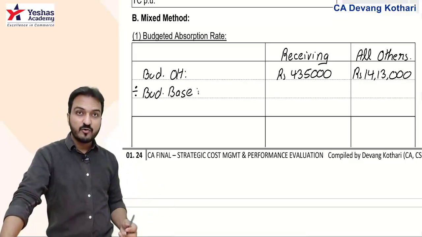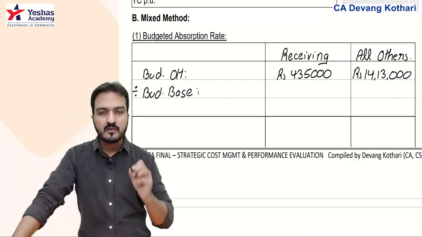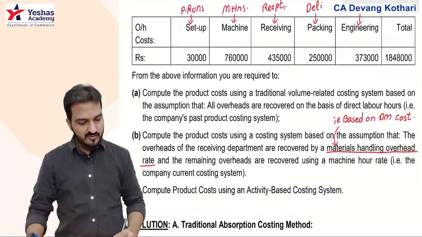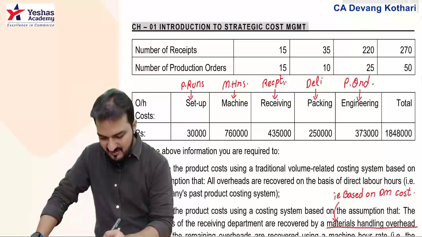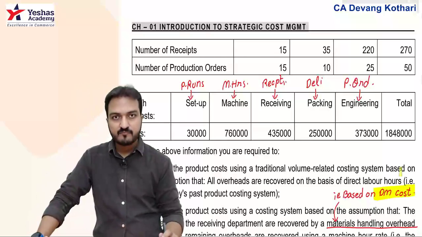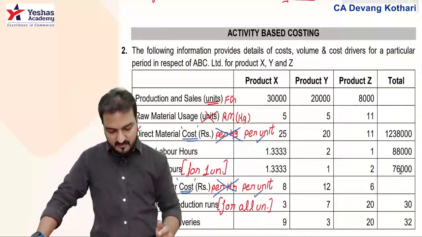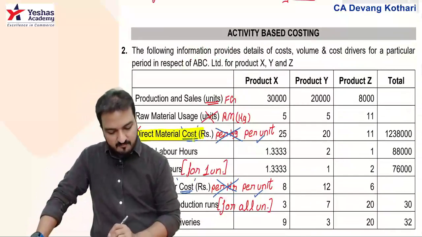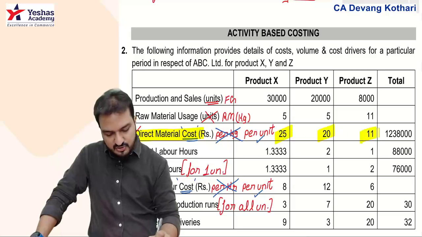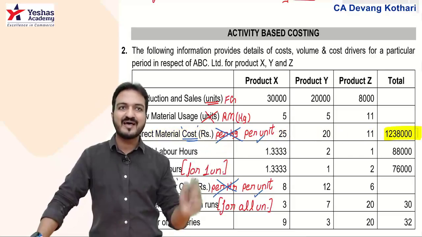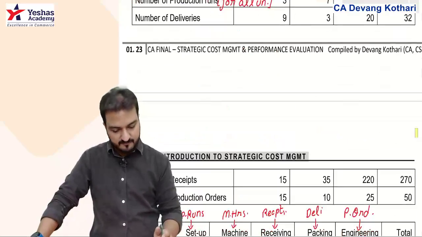They say that receiving overheads you take based on direct material cost. Now if the rate is made based on direct material cost, then you need to divide total direct material cost. What is total material cost? You are already given here. Look, material cost was given individually for X, Y, Z. Material cost total is also given, 12,38,000. Use that.